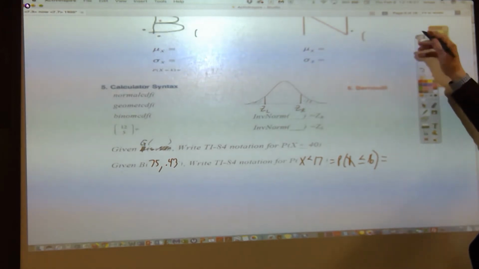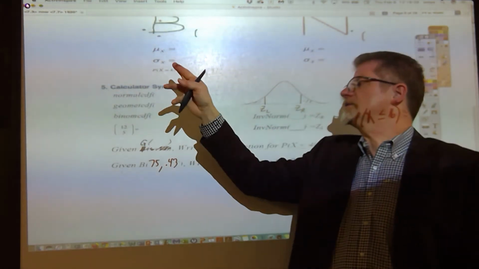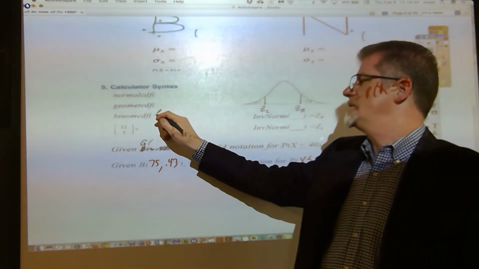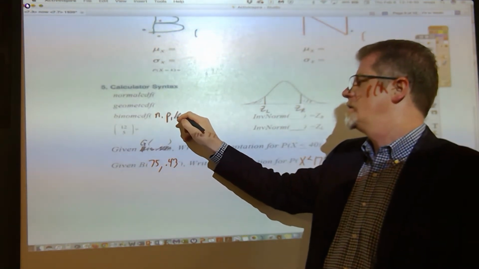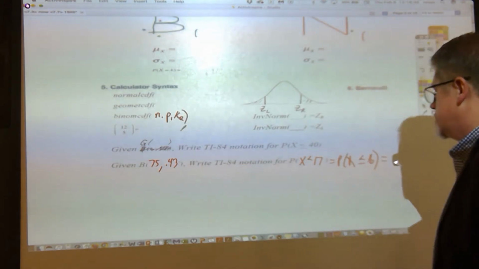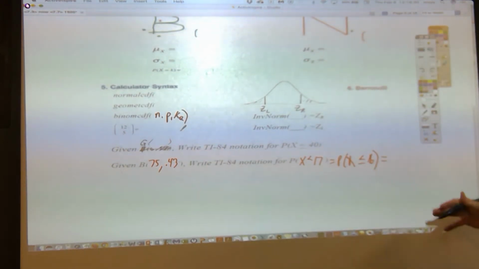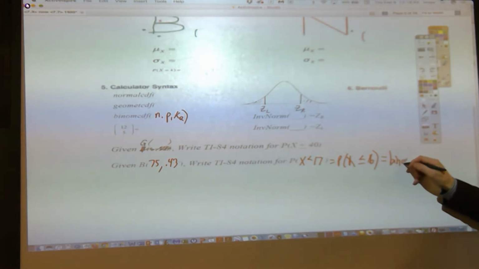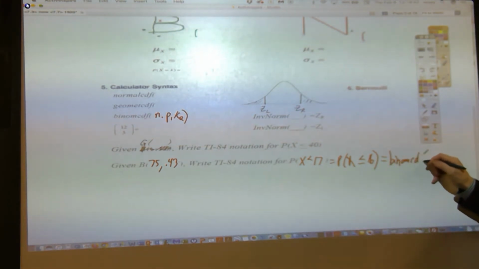And since problem 5 is all about calculator syntax, and how you work with binomial CDF of n, p, k, what you would do if this were the problem is you would write, for the answer, binom CDF.